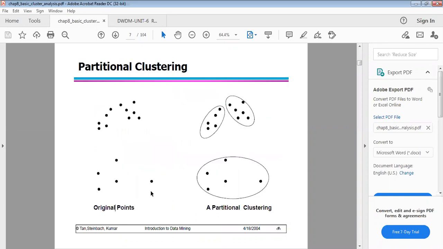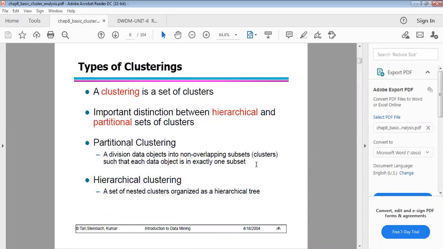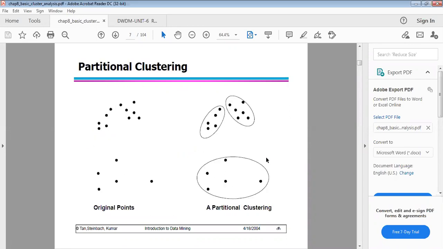See here, these are the original points. These original points we want to divide with partitional clustering. See here, these are the clusters.